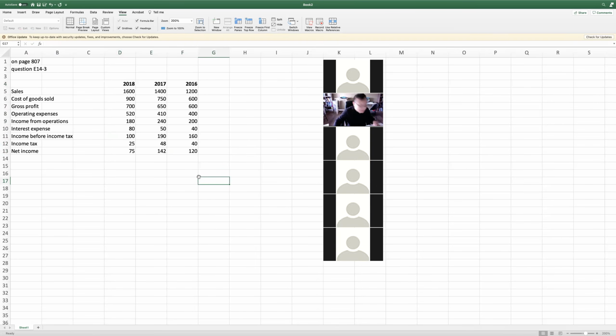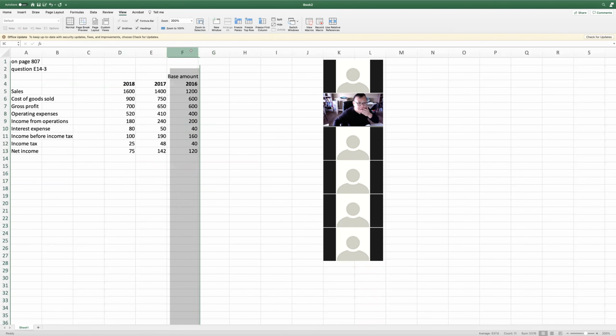And the first question is asking about using horizontal analysis, calculate the horizontal percentage of a base year amount. So assuming 2016 is the base year, this is the base amount.